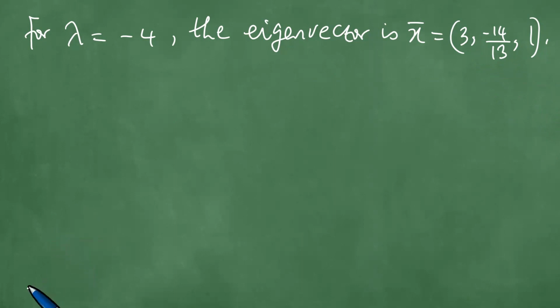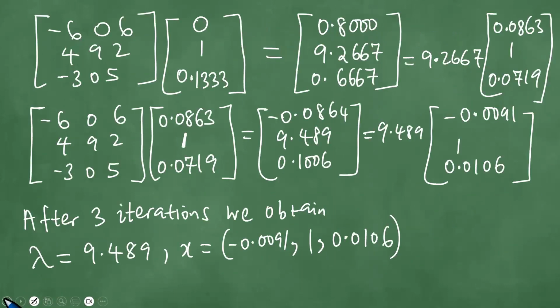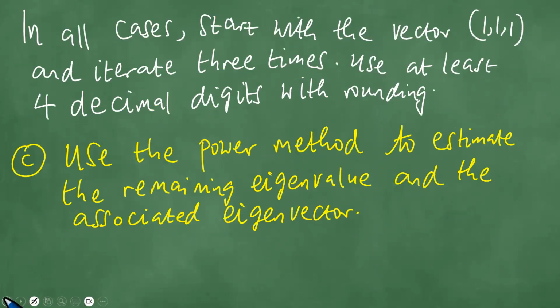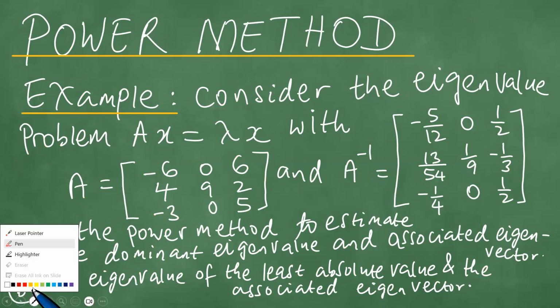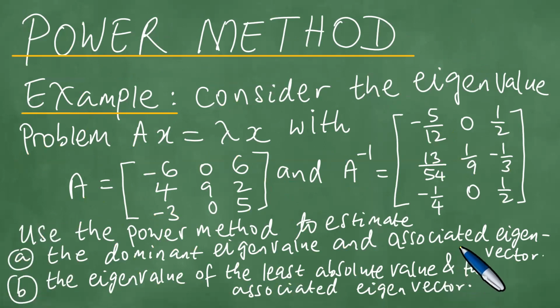Okay, now we're done with part A. Use the power method to estimate the eigenvalue of the least absolute value and the associated eigenvector.